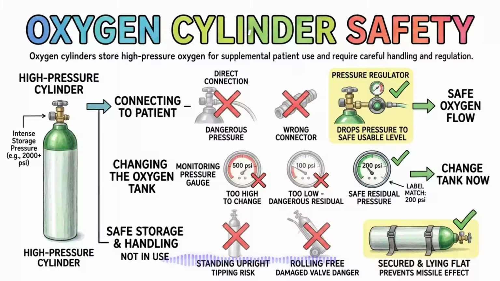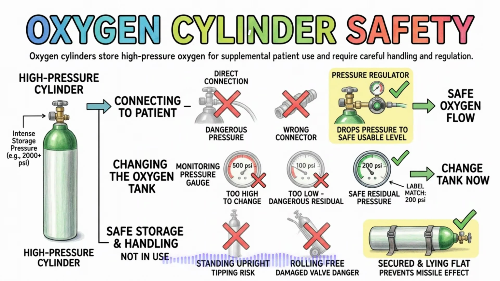Now, when it comes to providing supplemental oxygen, you will carry high-pressure oxygen cylinders that must be handled with great care and respect. These tanks use a specialized regulator to drop the intense pressure down to a safe, usable level before the oxygen reaches the patient.